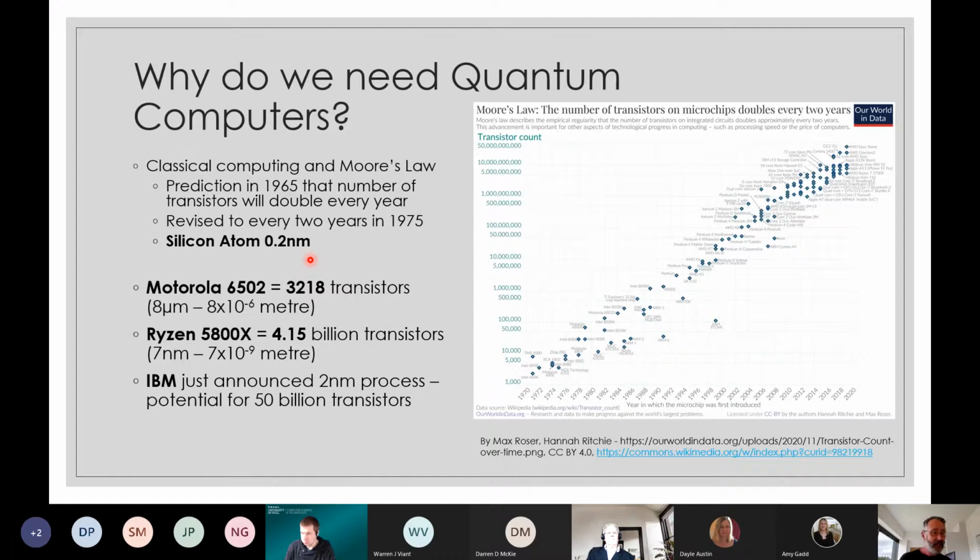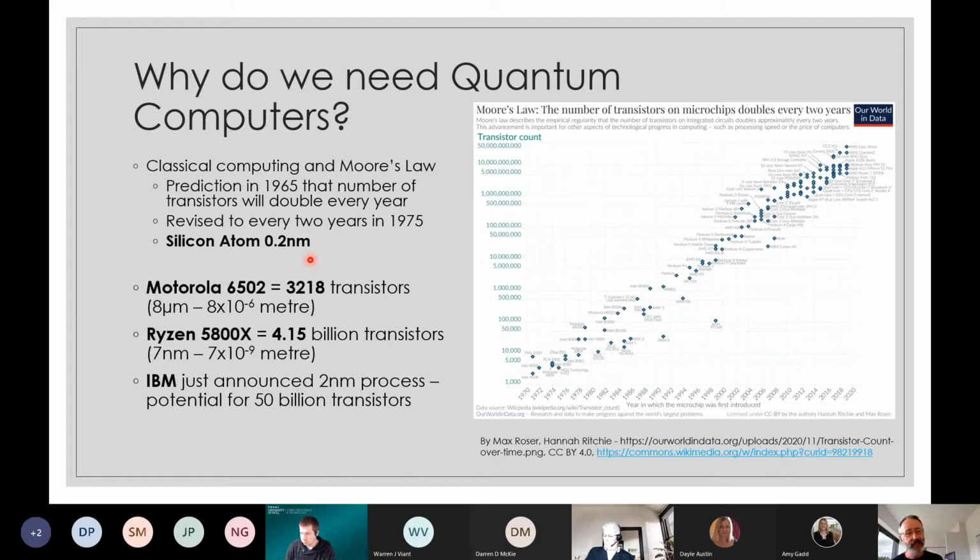So we keep expecting to get to the limits of what we can do using very small numbers of atoms. Now, to everybody's surprise, IBM just recently announced they'd done a 2 nanometer process. And with that technology, they expect to get around 50 billion transistors on a chip.